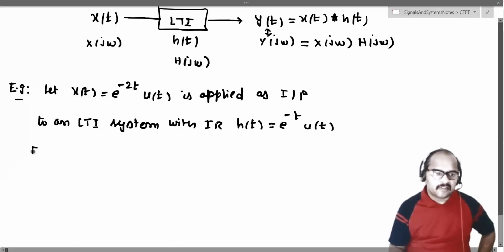The question is to find the output of the system.